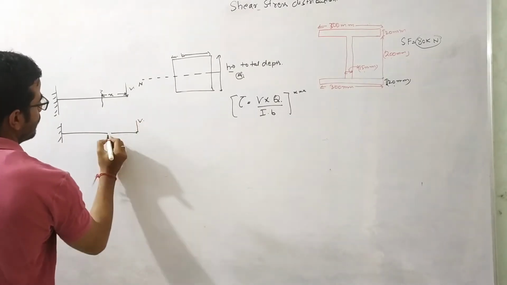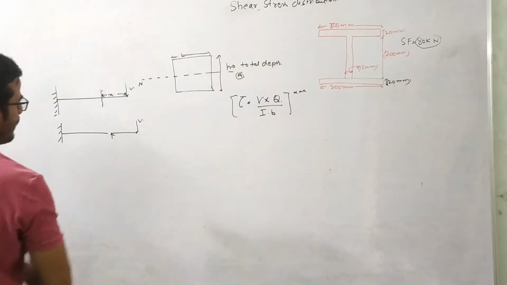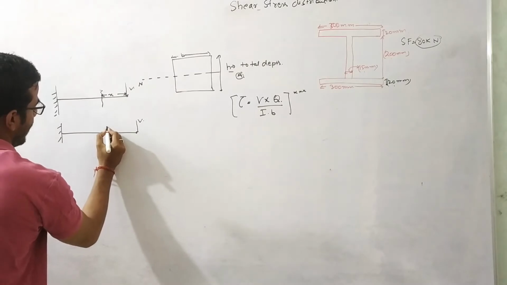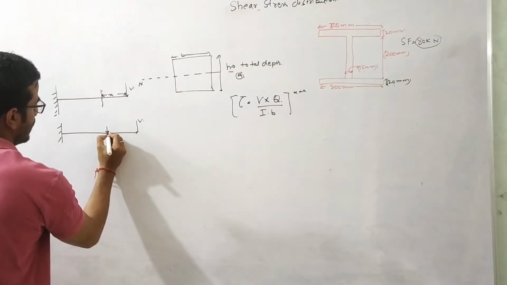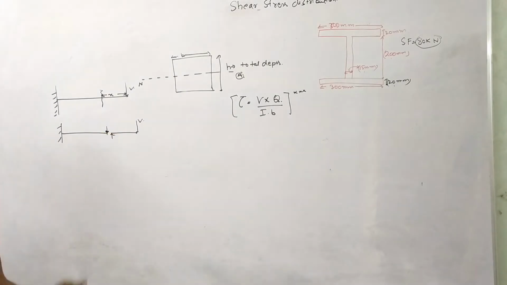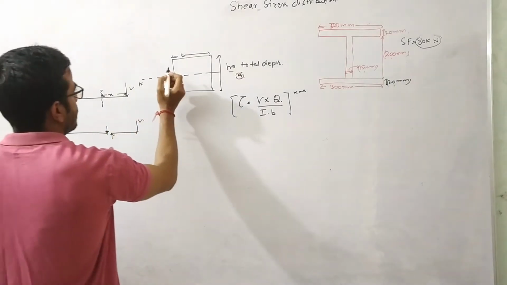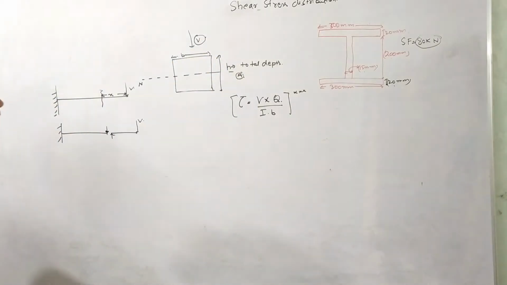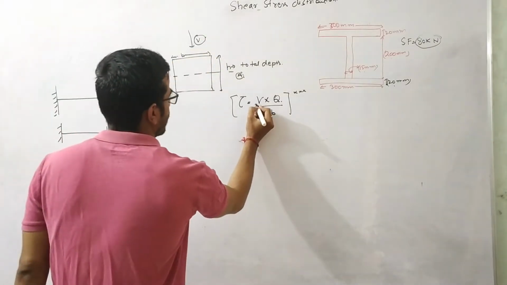To balance this force, I will have some force over here, and for equilibrium I will have a downward force at this location. So for this cross section, my shear force will be in the downward direction. This is V, and V will be constant for the cross section.